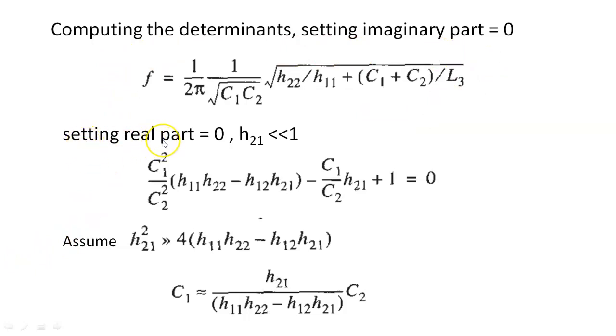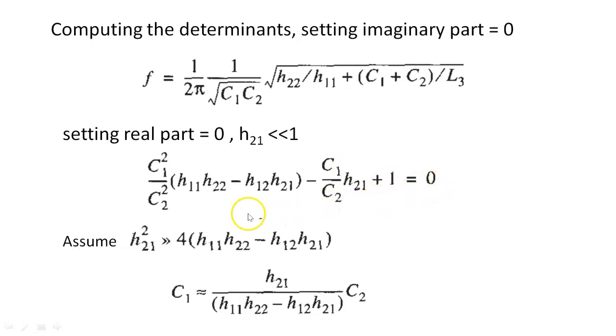Then setting the real part equal to 0 and assuming H12 is very much less than 1, it yields a quadratic equation in terms of the capacitor ratio, that is C1 divided by C2. It is (C1 squared divided by C2 squared) into (H11 into H22 minus H12 into H21) minus (C1 divided by C2) into H21 plus 1 is equal to 0.